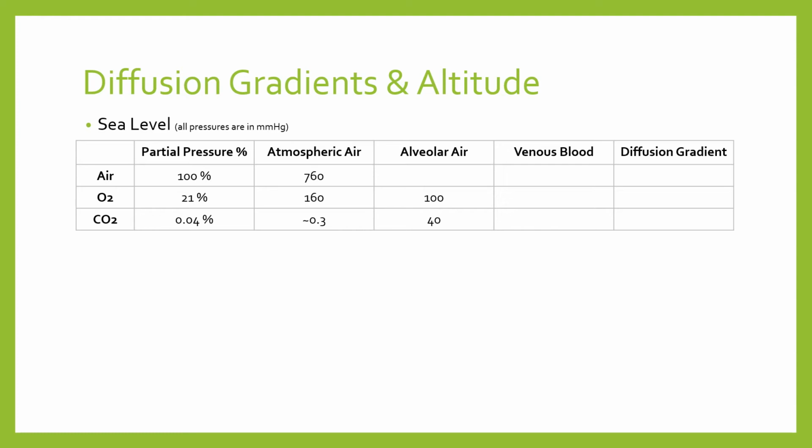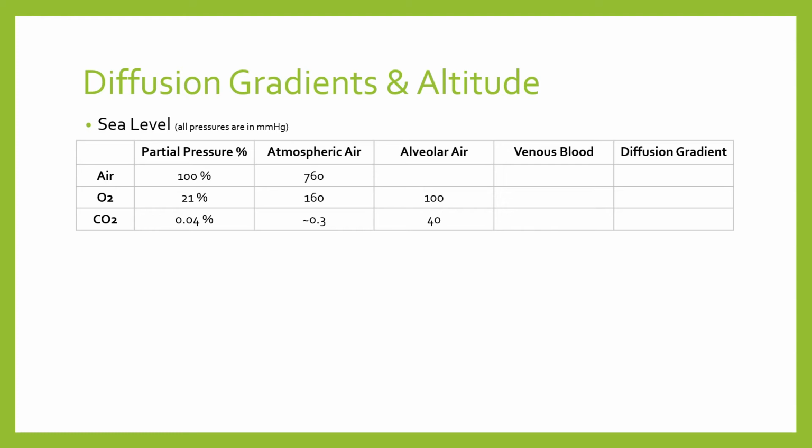But how does that compare to the oxygen and the carbon dioxide pressures within the venous blood? When we say venous blood, that means the blood in the veins that's being returned to the lungs to pick up oxygen or drop off carbon dioxide, respectively.